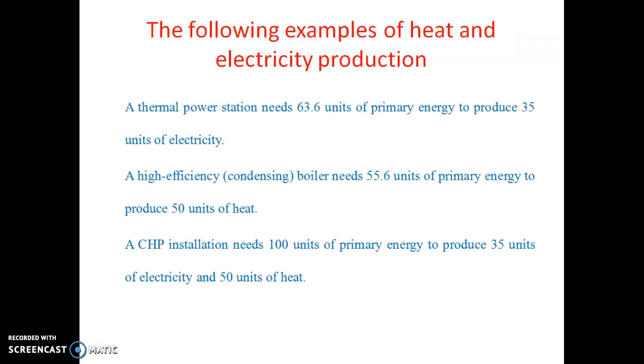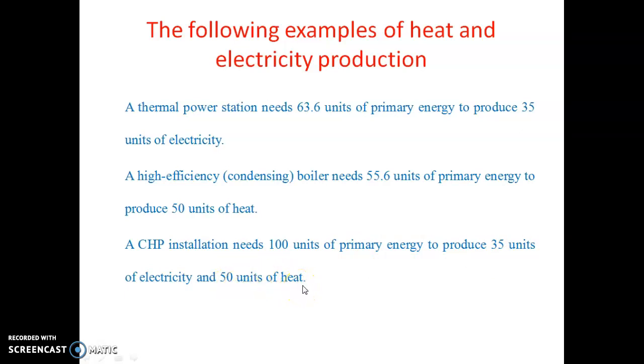These are some examples of heat and electricity production. For a thermal power station, you can see here it needs 63.6 units of primary energy to produce 35 units of electricity, whereas a high efficiency condensing boiler needs 55.6 units of primary energy to produce 50 units of heat. But a CHP installation needs 100 units of primary energy to produce 35 units of electricity and 50 units of heat.